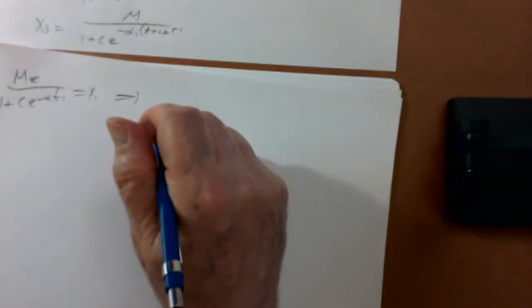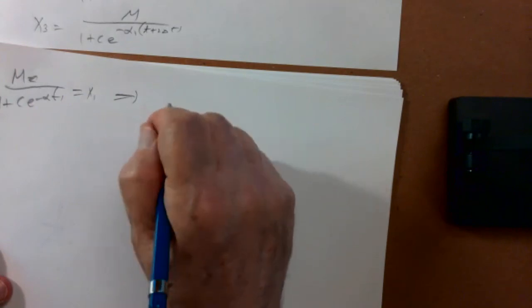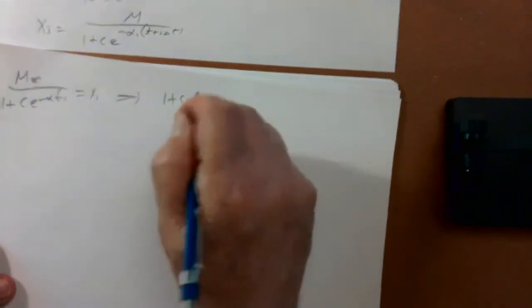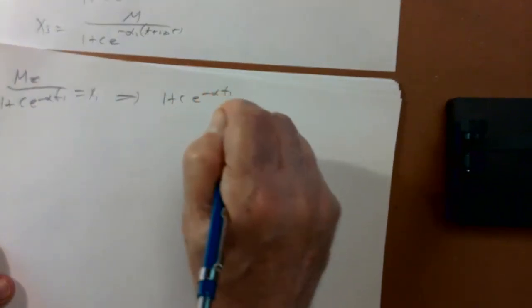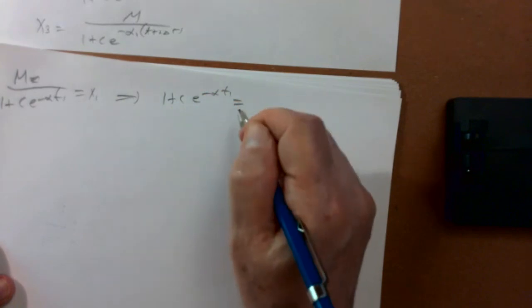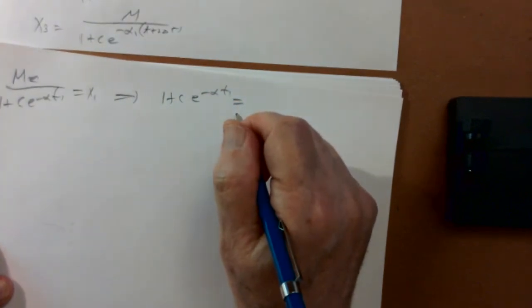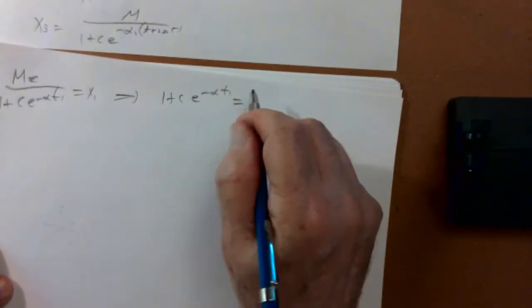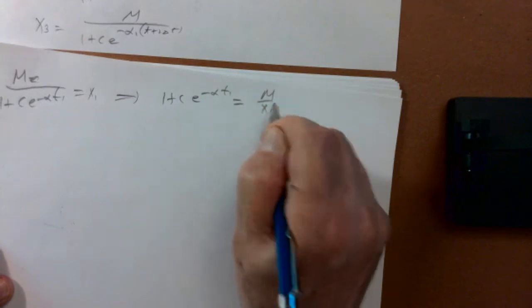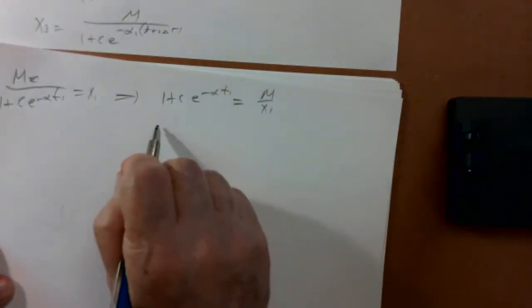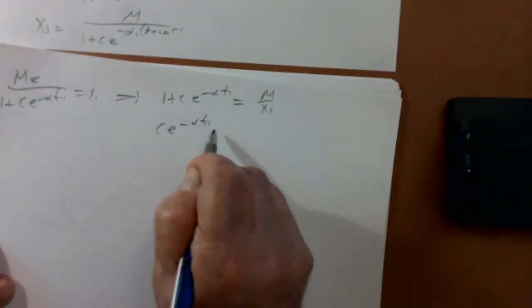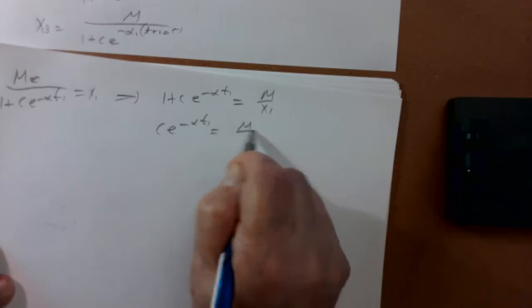So that means that 1 plus c e to the minus alpha T1 is equal to m over x1. So c e to the minus alpha T1 is m over x1 minus 1.